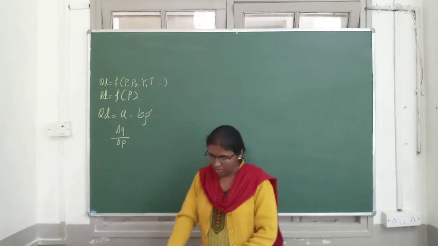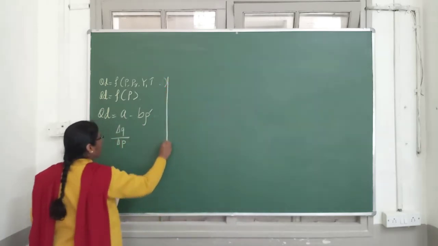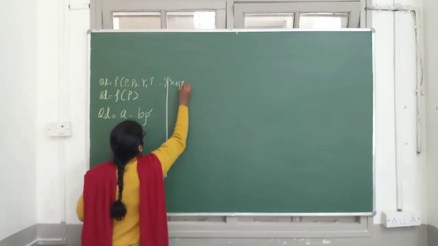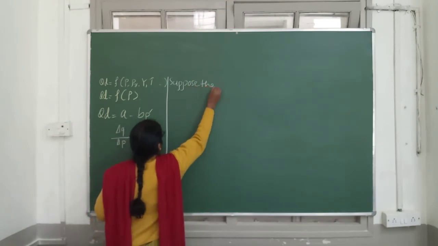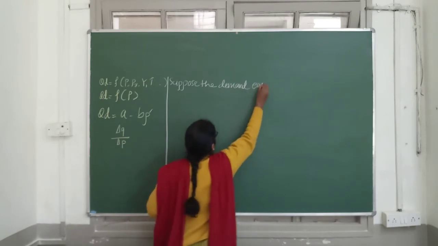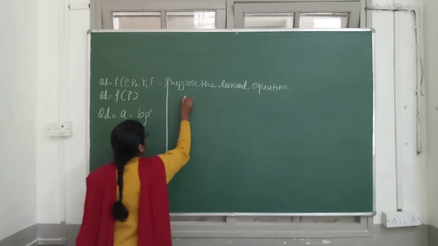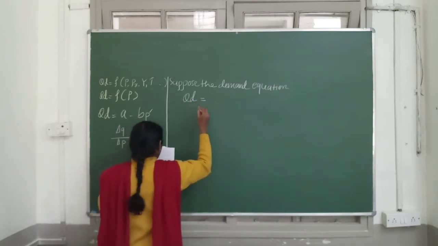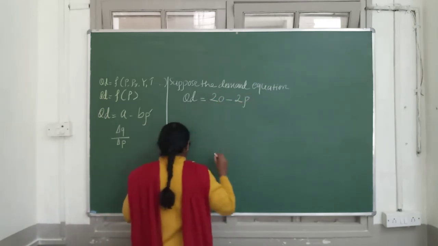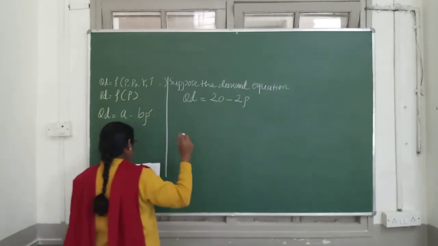See here, suppose the demand equation, that is quantity demanded, is equal to 20 minus 2p. It represents the demand function.